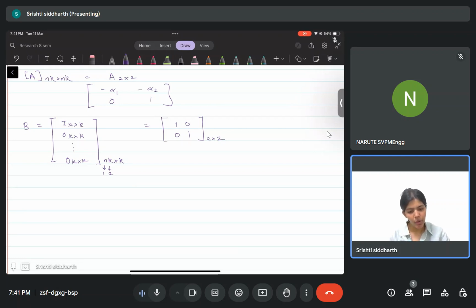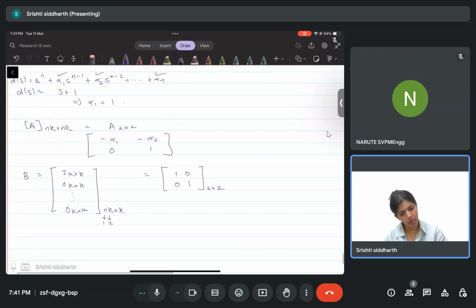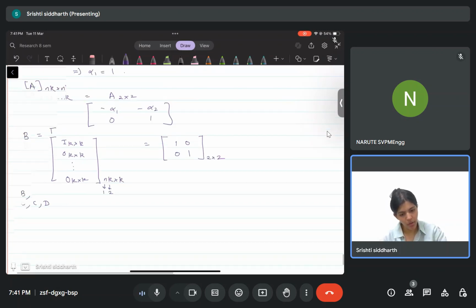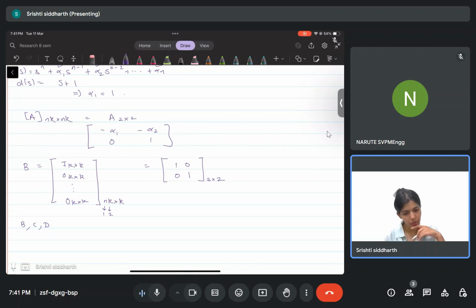So we have found out what D, C and B are. Now we just have to figure out what these coefficients alpha 1 and alpha 2 are.